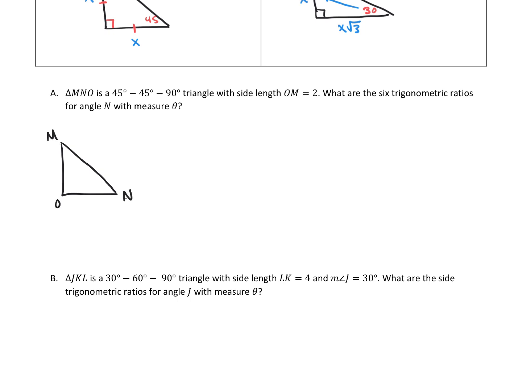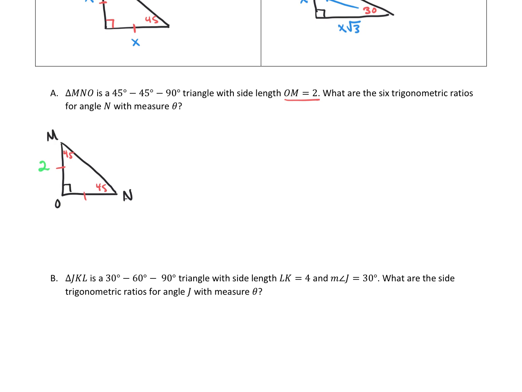Here's O. We've got a right angle. Remember, we have two congruent sides. It is isosceles, and here's our 45 degrees, 45 degrees. So there's our 45, 45, 90. They told us that OM is equal to 2. So we go to our triangle, we find side OM, and we label it 2.